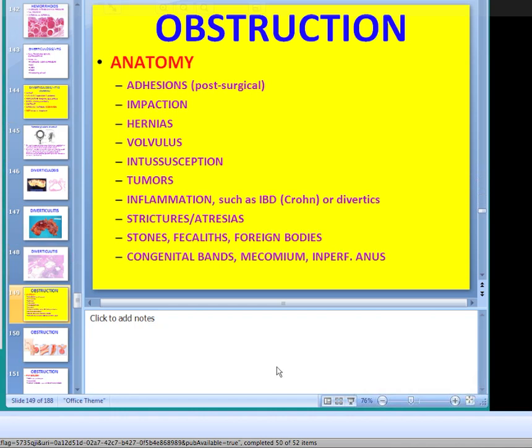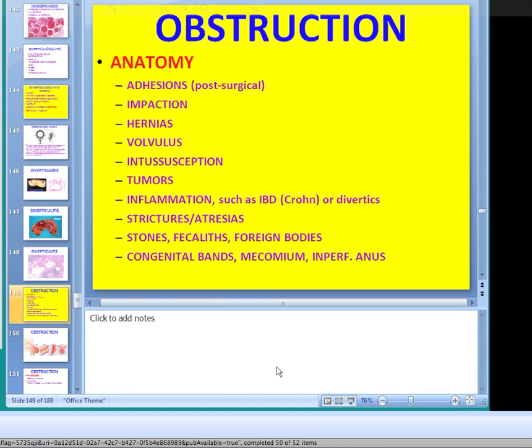Okay, let's get into an even simpler, logicaler, a more nice topic called obstruction. And this doesn't take a degree in rocket science. Think of your anatomy and your physiology and your knowledge of pathology and ask yourself, how can bowels be mechanically obstructed? Well, statistically, the most common reason is previous surgery.